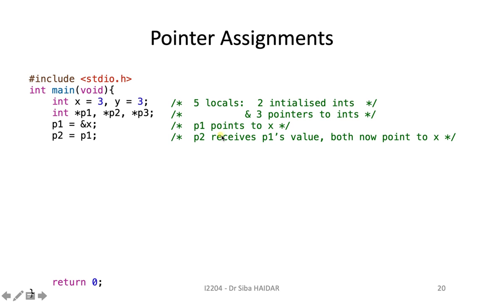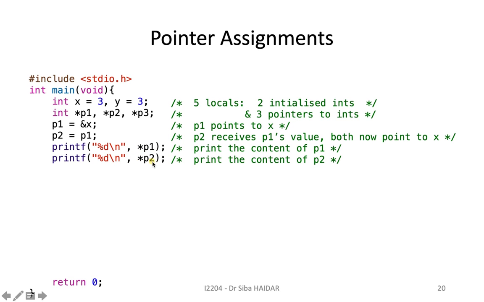P1 points to x, and p2 equals p1, which we read as p2 receives p1's value, and they both now share the same pointee and point to x. You can print the value of the pointee of both pointers, dereference p1 and dereference p2.